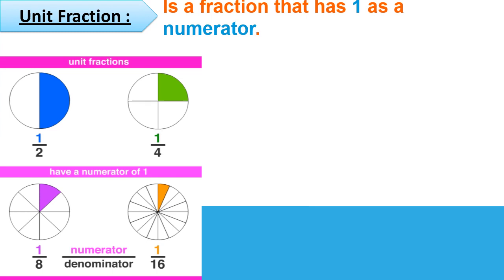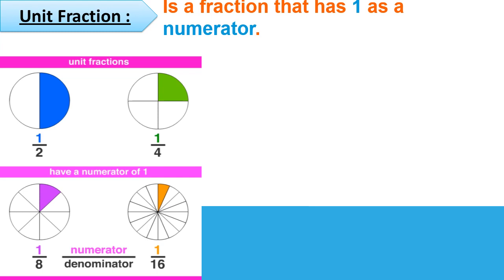Here we have some unit fractions. I have here half, 1 over 2. The numerator here is 1, so it's a unit fraction. Here, 1 over 4, or fourth, or quarter. This quarter, unit fraction or not? Yes, it has 1 in the numerator.